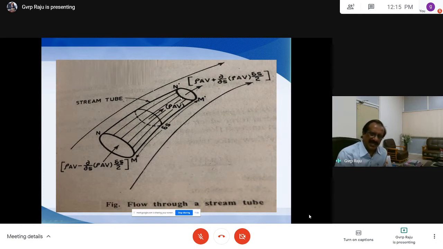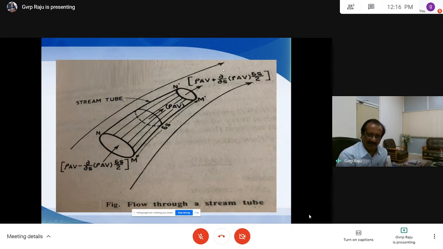Take any point on a streamline, and if you draw a tangent, that gives the direction of velocity. That means if you take a streamline, the entire equation we can consider only in the tangential direction, because there is no normal flow. So the flow is in the tangential direction.